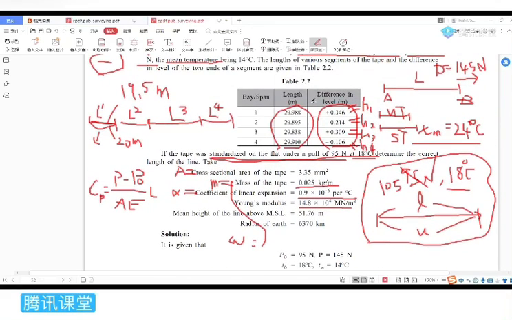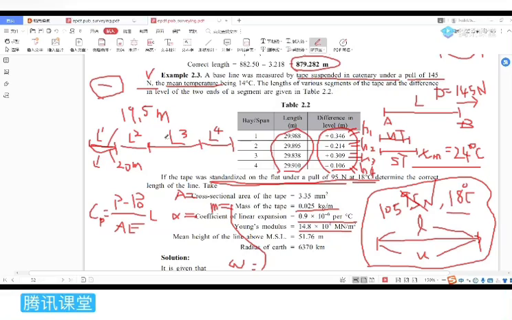So based on the information, this length is the length for the span. You see, there's a span, or it's called a bay. Each one you measure over this span. You set the tape over here, and then you stretch it. But if you don't pull hard enough, you have something called sag over here.